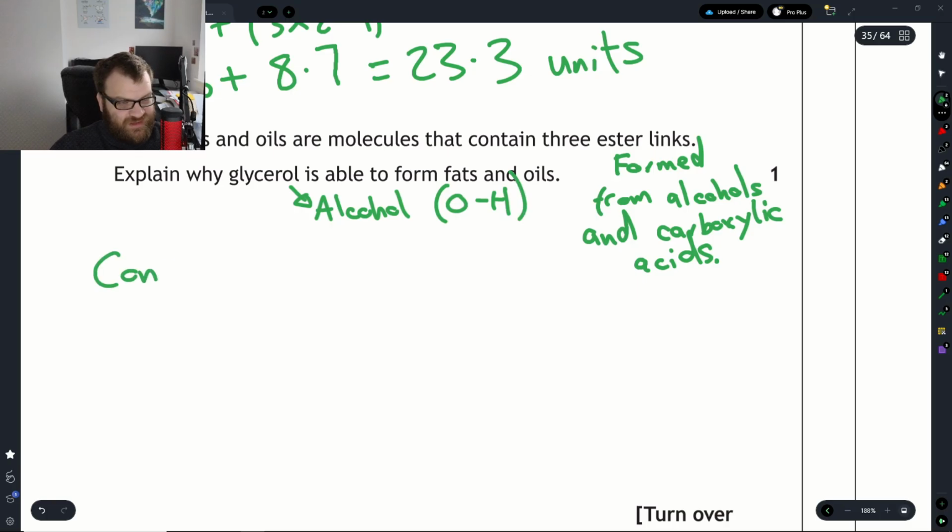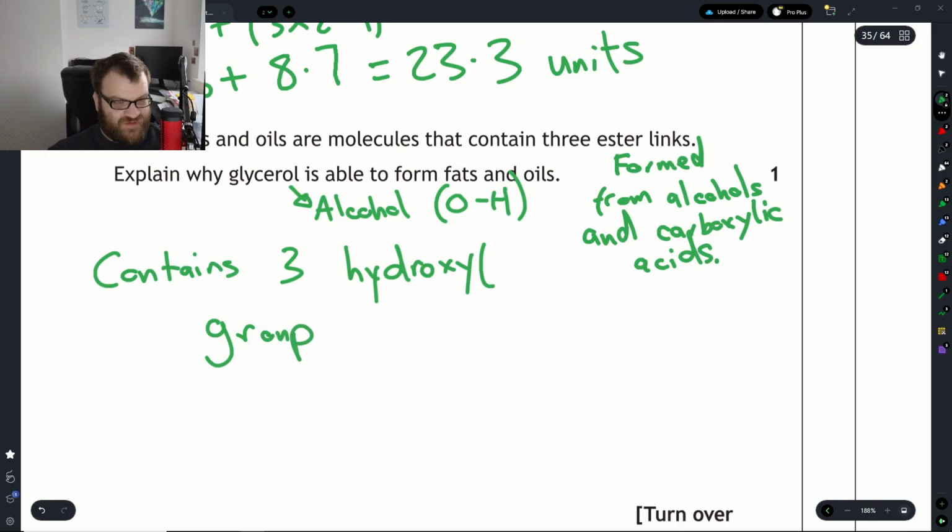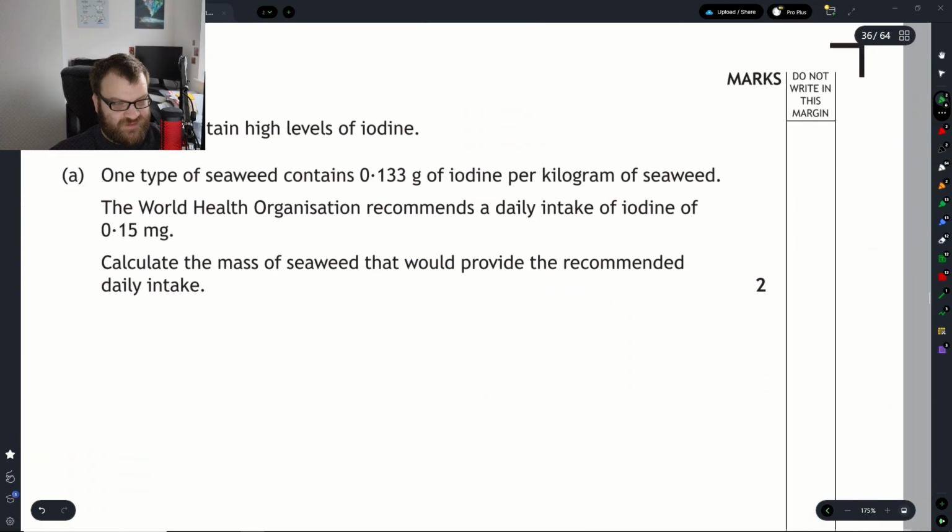So it contains, we're making an ester, 3 ester links. It's going to have 3 hydroxyl groups. That is what glycerol has. It is propane-1,2,3-triol. So it contains 3 hydroxyl groups. The OH groups mean that it can make 3 ester links. Next one.